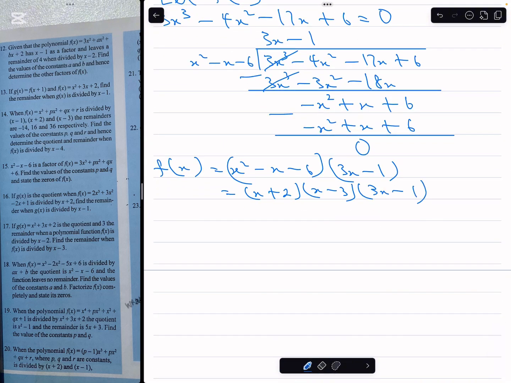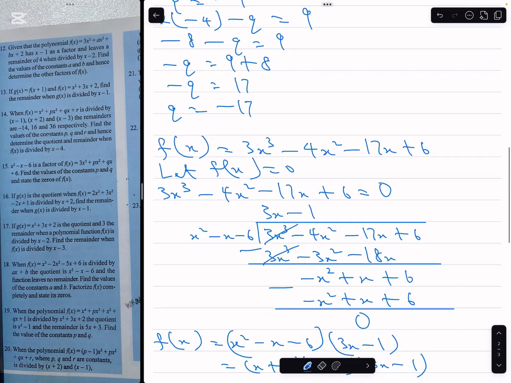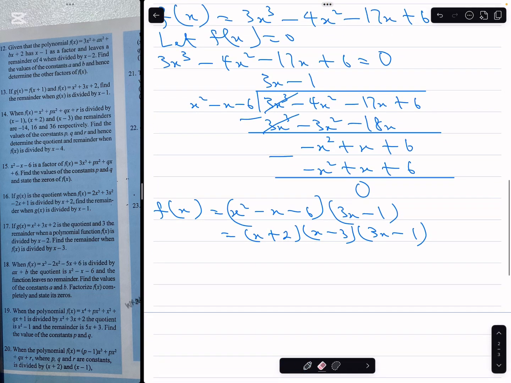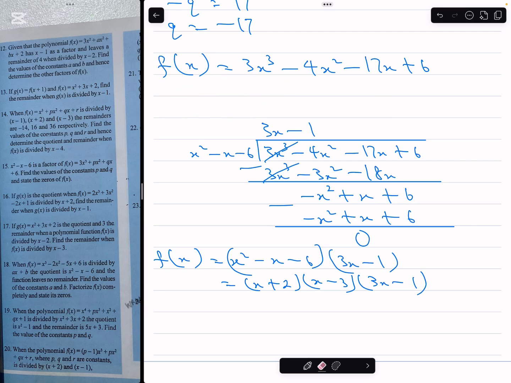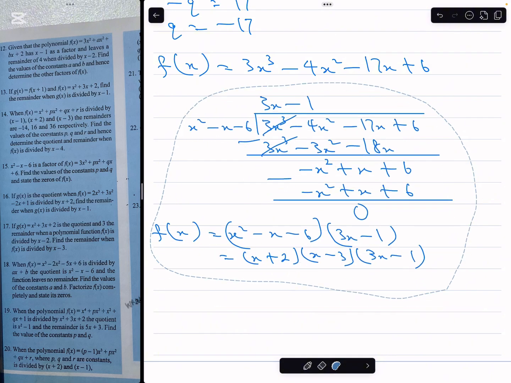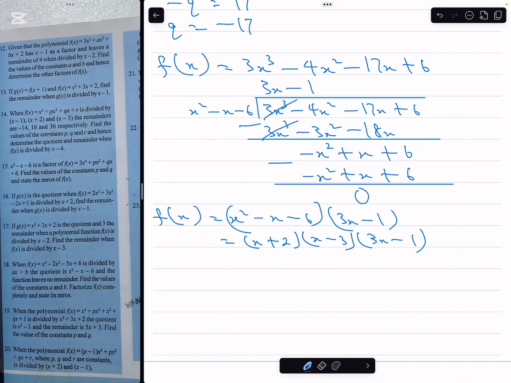And this is the third factor, 3x minus 1. So now, I think here I didn't even need to write the f of x yet. I should get all the factors before writing f of x, but you can just leave it there if you want. You don't have to cancel it.